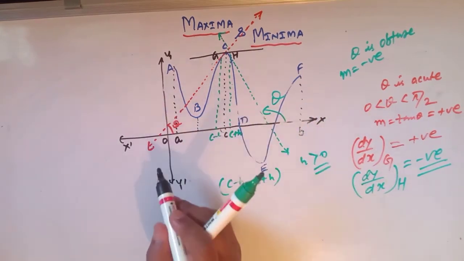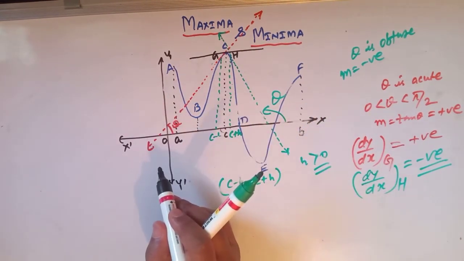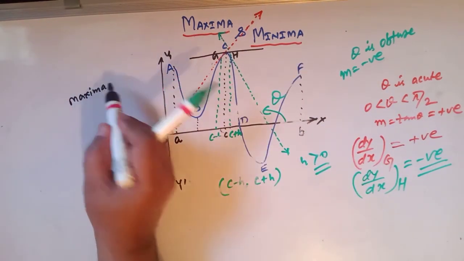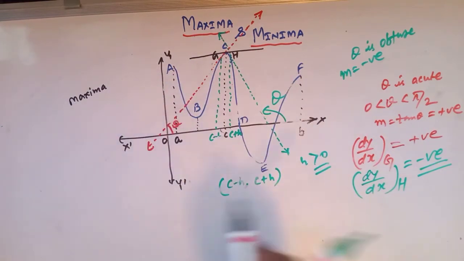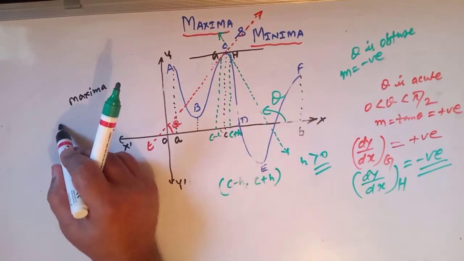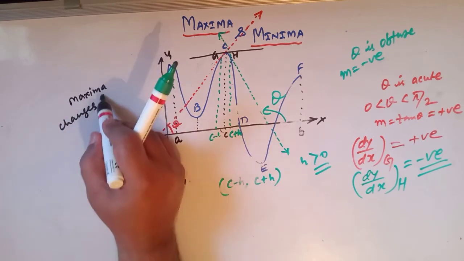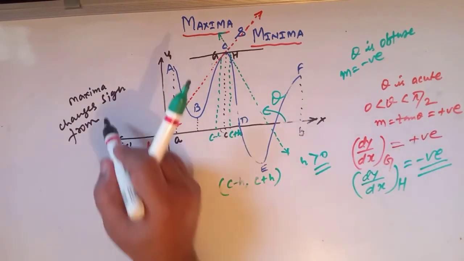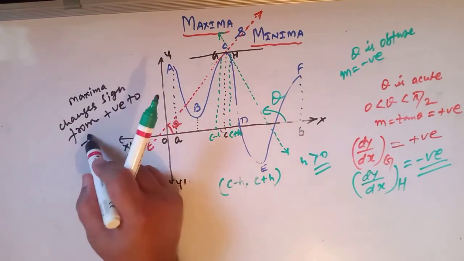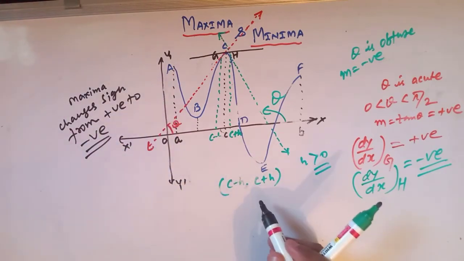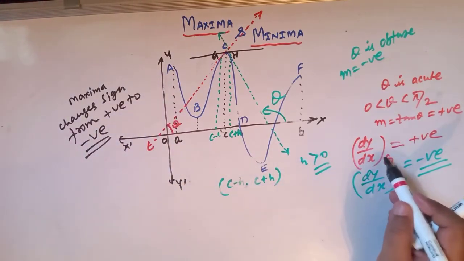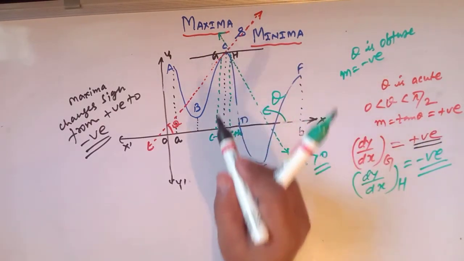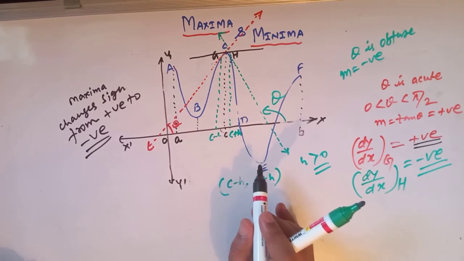So what we have observed, when we have a point of maxima as the point C is, then the derivative changes sign from positive to negative. And when the derivative changes sign from positive to negative, then the turning point is known as a point of maxima.